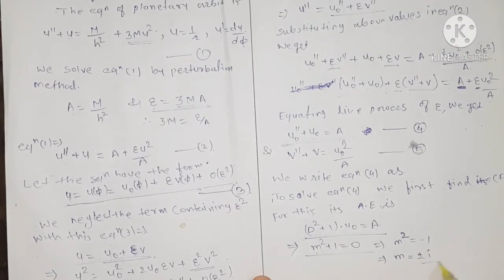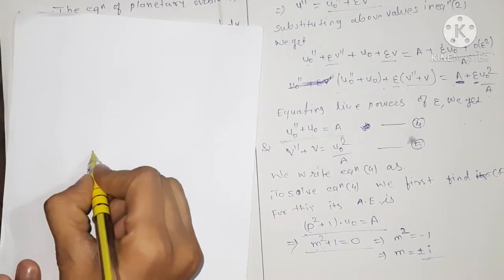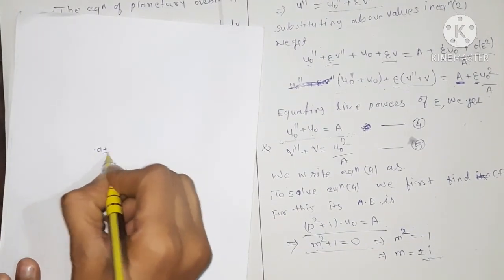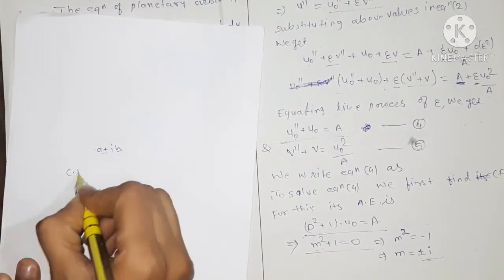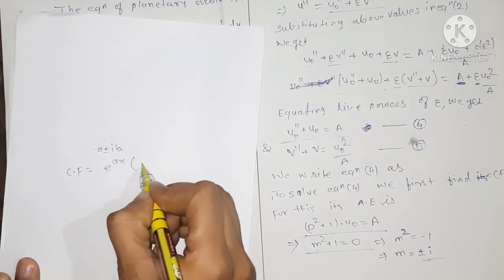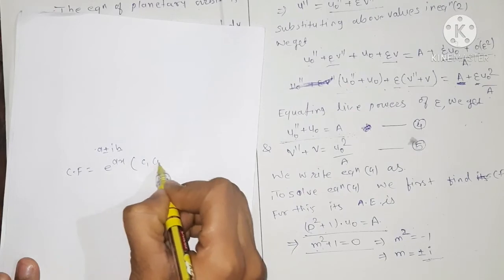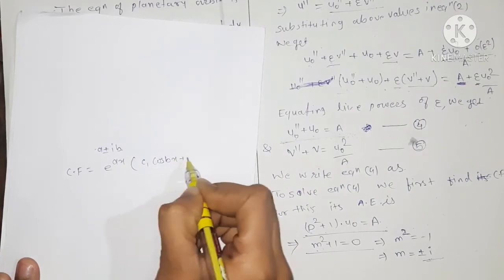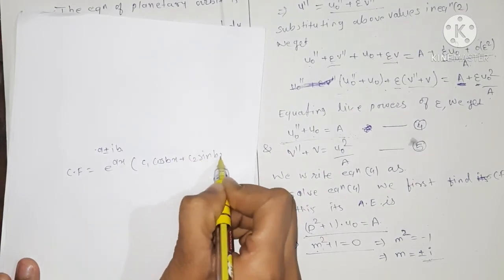So it is a complex number, so when we have a complex root, that is a plus minus ib, then the complementary function is written as e to the power ax in bracket c1 cos bx plus c2 sin bx.